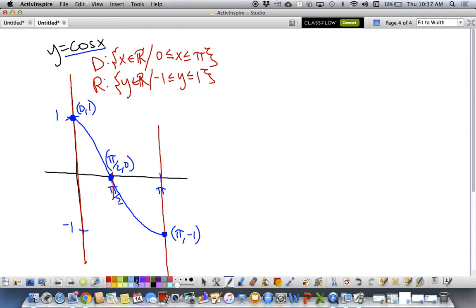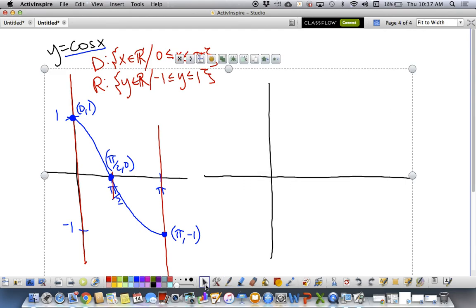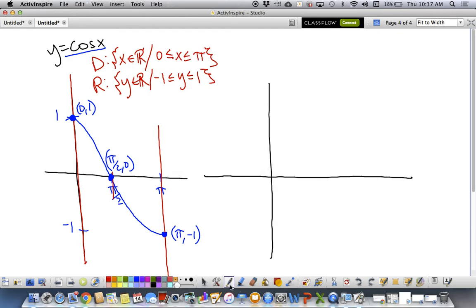So can you sketch the graph of the inverse cosine function? What color are we going to do the inverse in? Green? So can you graph cosine?